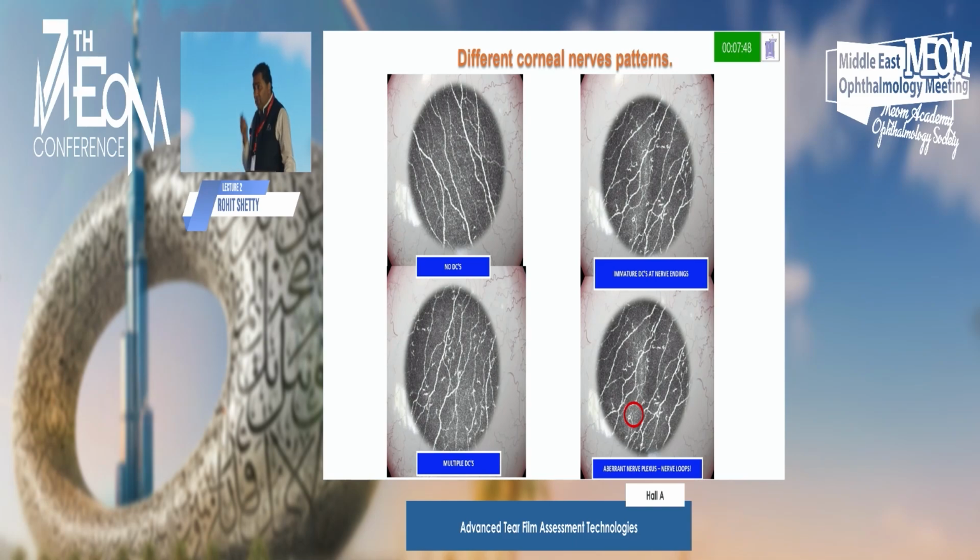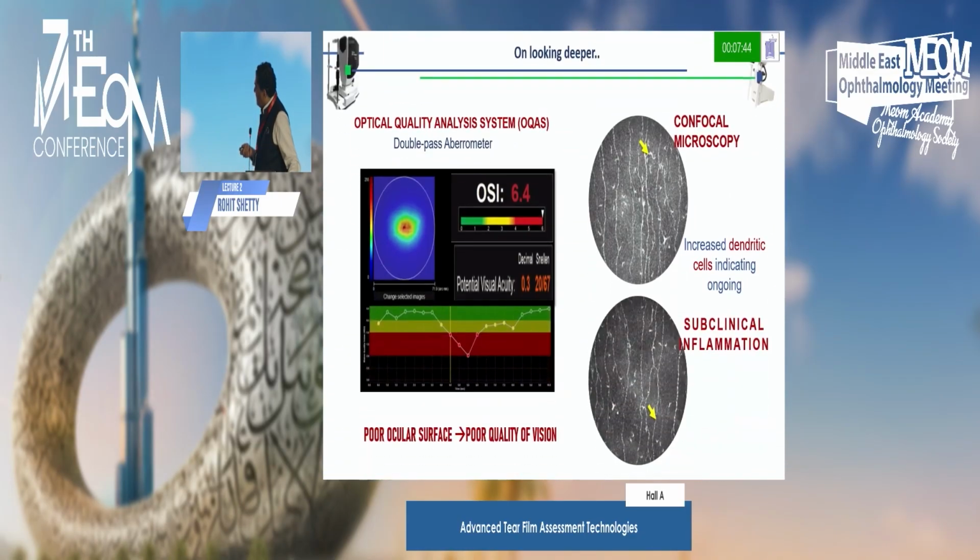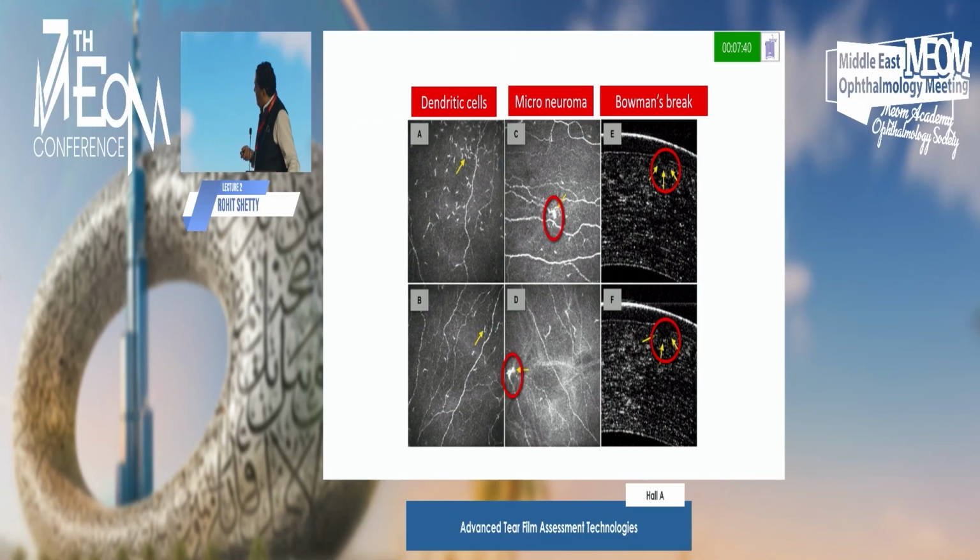So confocal microscopy can help you see the T lymphocytes. It correlates with your quality of vision and your tear film. It correlates to microneuromas out here. There's one patient where we published that the microneuroma caused so much inflammation that it eroded the Bowman's. And this patient had chronic pain.